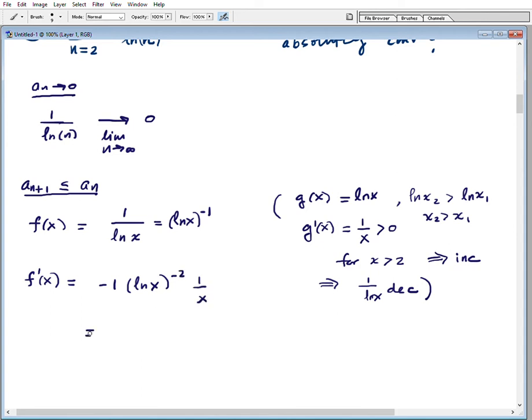Okay, we are going to get something negative. So this is negative for x greater than 2. The denominator is positive for x greater than 2, the numerator is minus 1, so this is negative. All right, so we're done with a_{n+1} less than or equal to a_n.